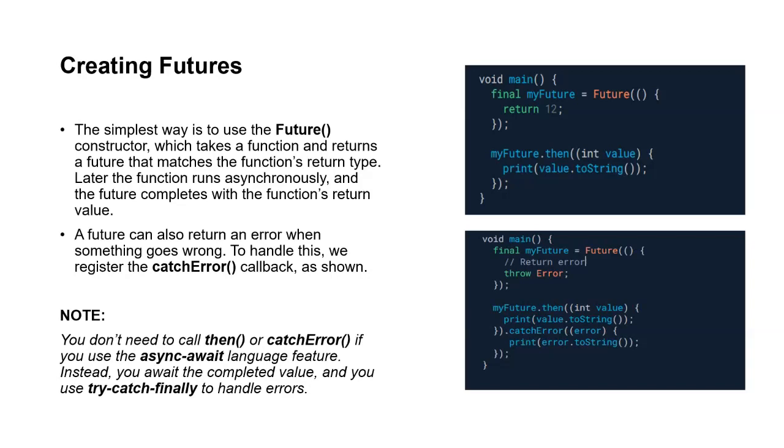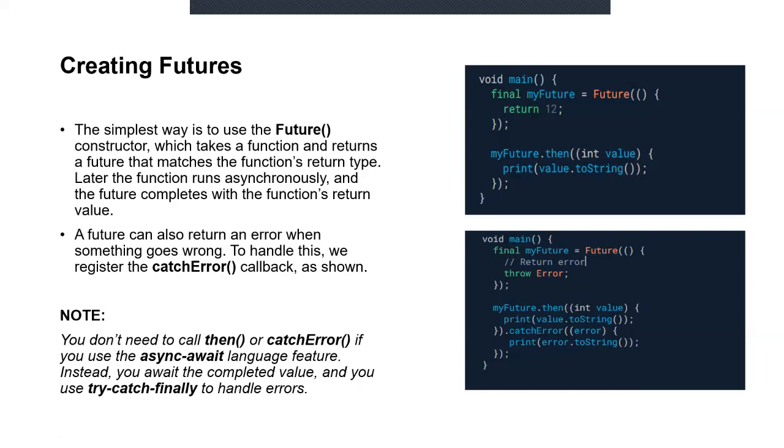So let's look at the first code snippet here, the main function on the top. Here I've instantiated the Future constructor. I've called it myFuture, and it takes an anonymous function. Let me just use the curly braces format for learning purposes, and it returns 12.